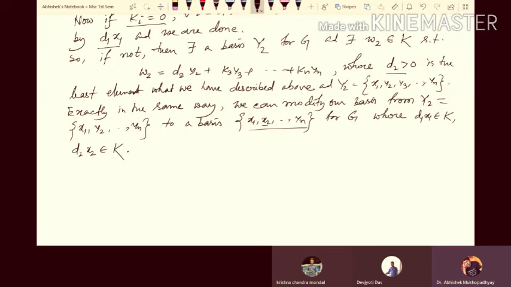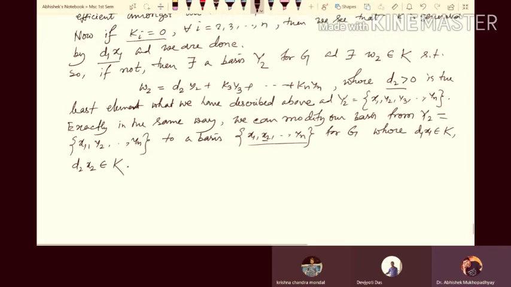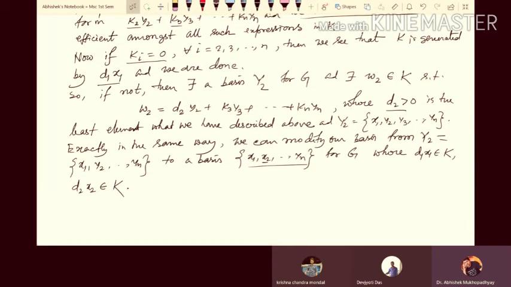Just by renumbering, you should mention this described above, after renumbering the basis elements. What we have done earlier also.